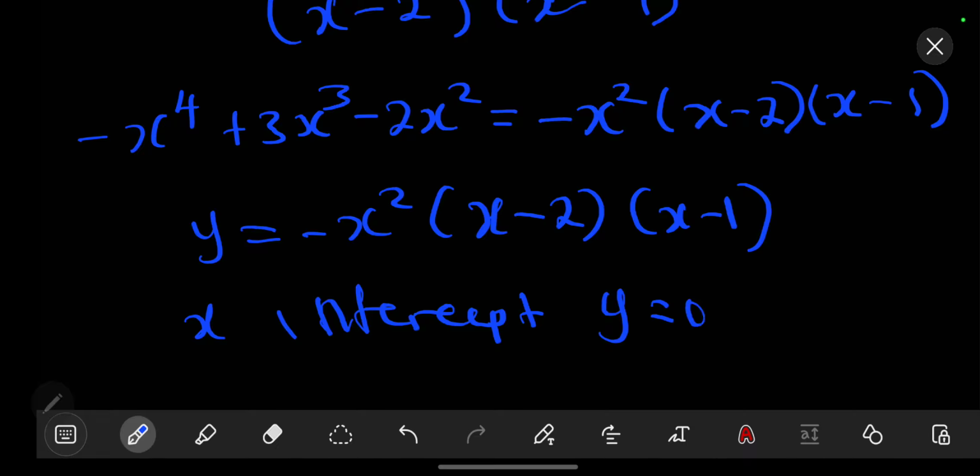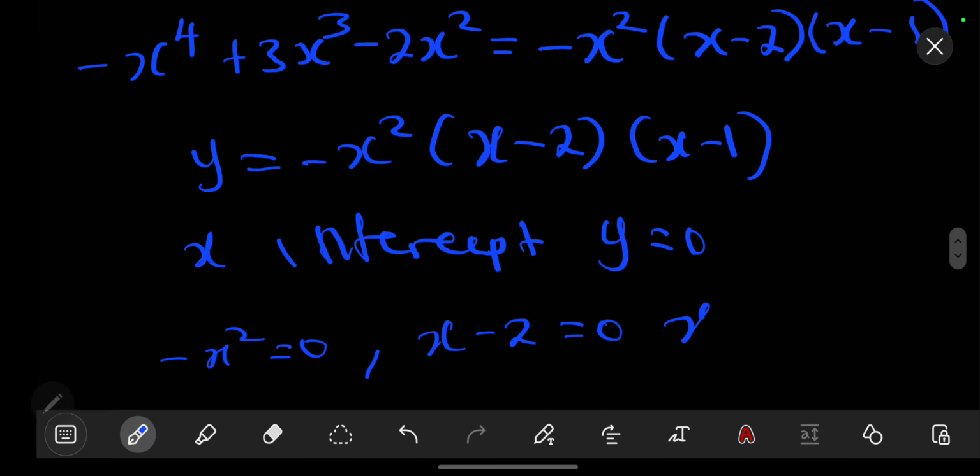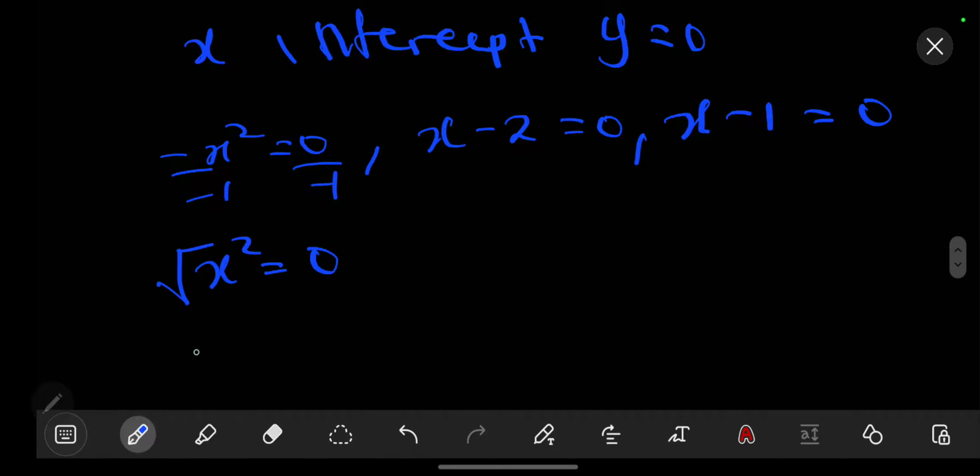Y should be equal to 0. So what we have is that our negative x squared should be equal to 0, or our x minus 2 should be equal to 0, or our x minus 1 should be equal to 0. So negative 1, x squared is equal to 0 still. So we find the square root on both sides, and we are going to have x equal to 0.